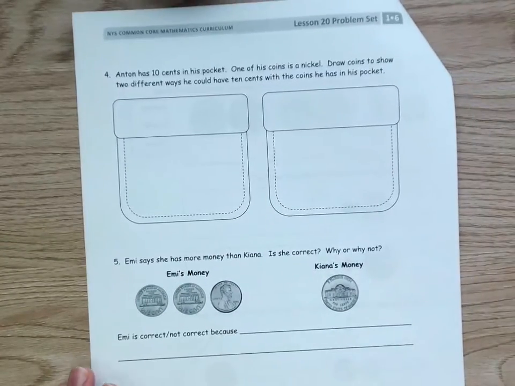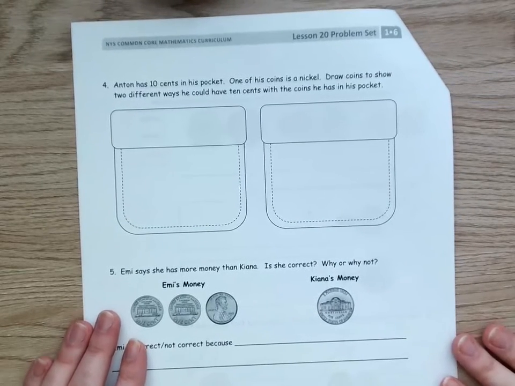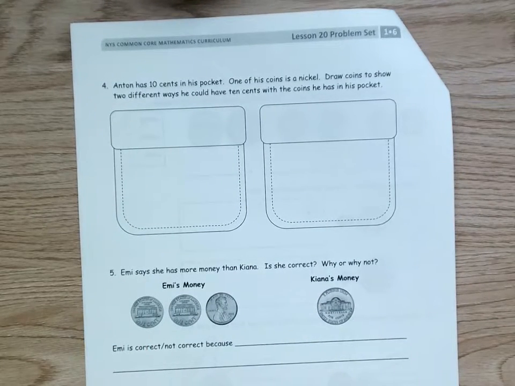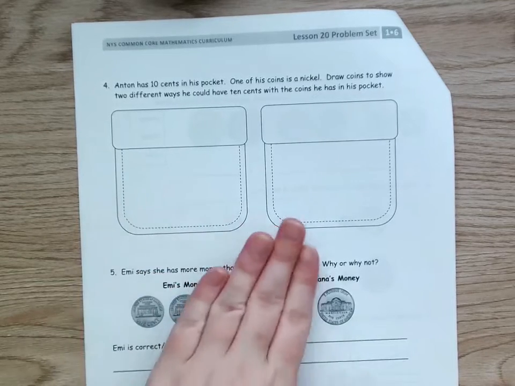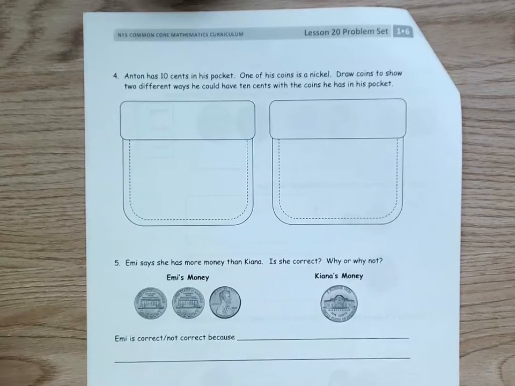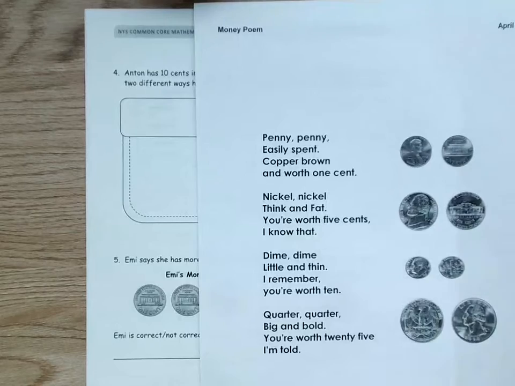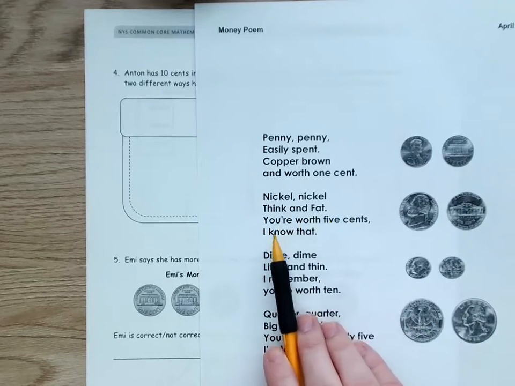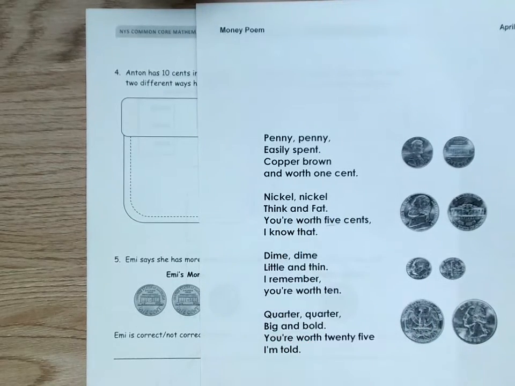Okay. The directions say Anton has 10 cents in his pocket. One of his coins is a nickel. Draw coins to show 2 different ways he could have 10 cents with the coins he has in his pocket. So, in each of these pockets, we will have to start with a nickel. And if we go back to our poem, nickel, nickel, thick and fat, you're worth 5 cents, I know that.